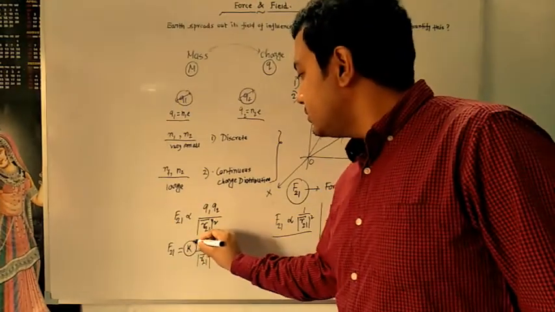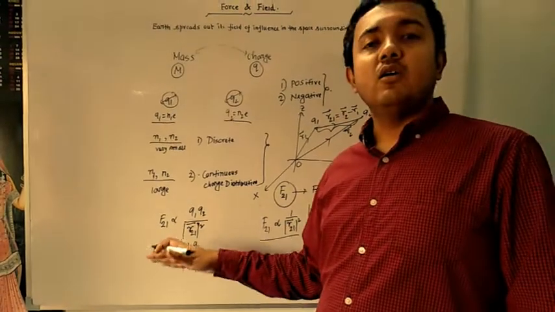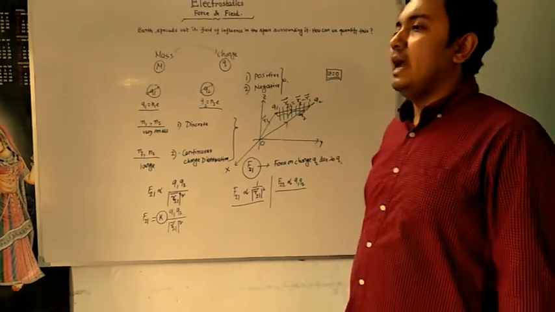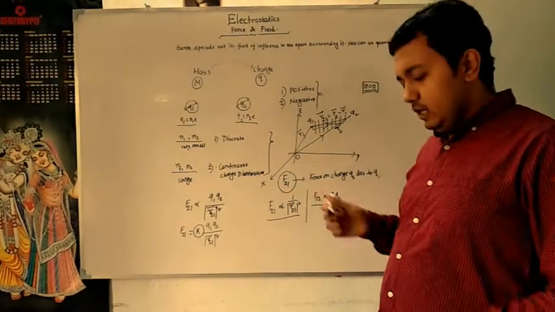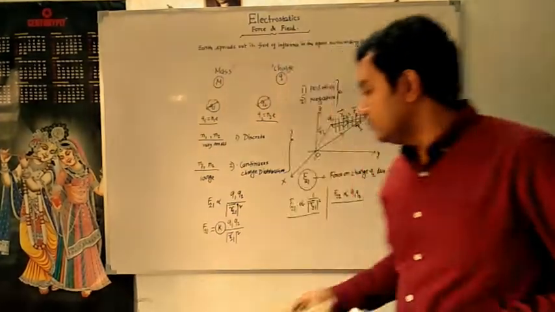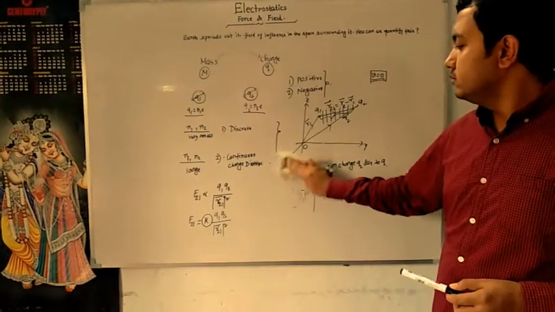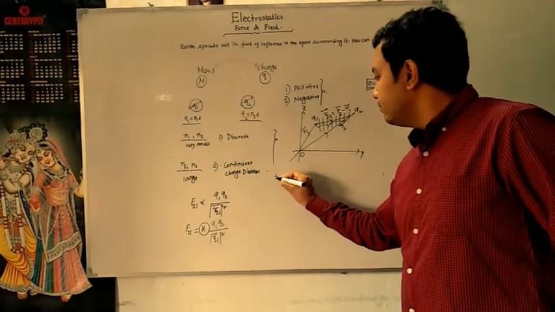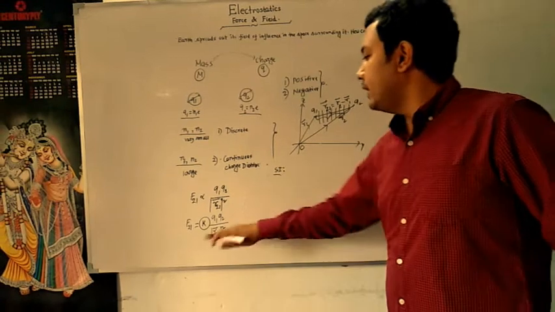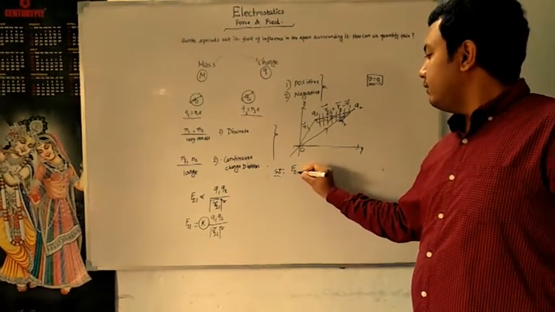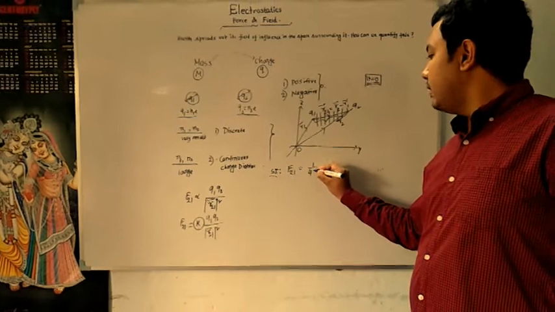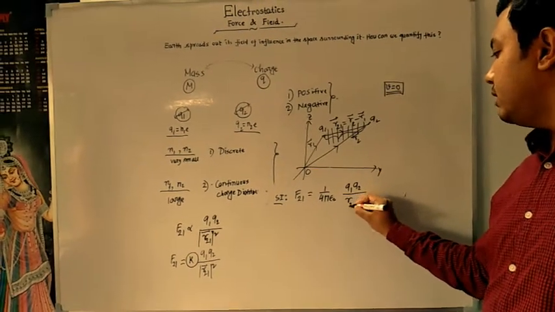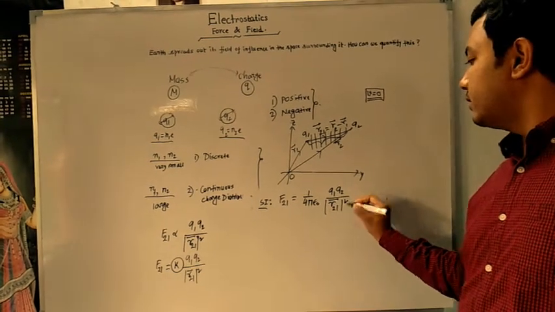Here K is a proportionality constant and its value depends on the intermediate medium between the two charges Q1 and Q2 and the unit system which we use for this calculation. We discuss the SI system, and we can write this equation with the constant as F21 is equal to 1 by 4 pi epsilon naught, Q1 Q2 divided by R21 squared.